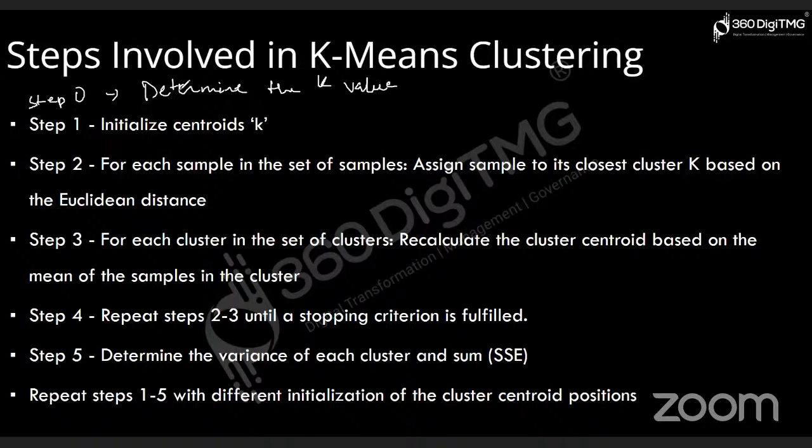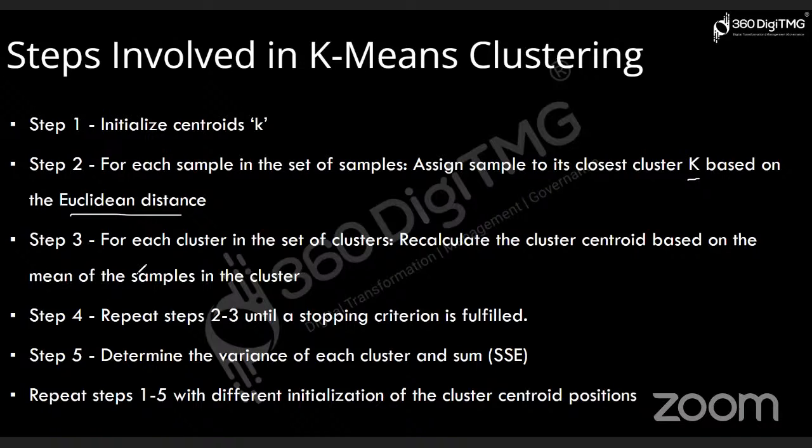Once this k value is known, next we will initialize k centroids. If the k value is 2, we'll initialize 2 centroids. This is done randomly. Now for each sample in the set of samples, we will assign the data point to the closest centroid based on Euclidean distance, as we were discussing.